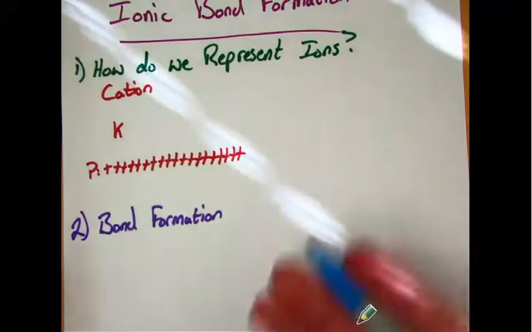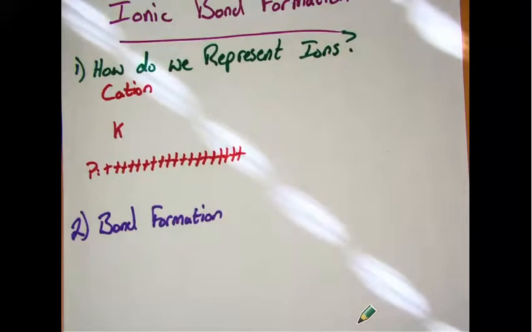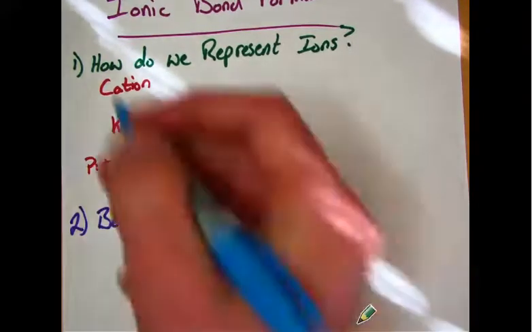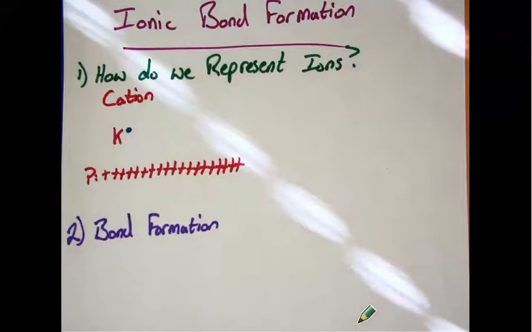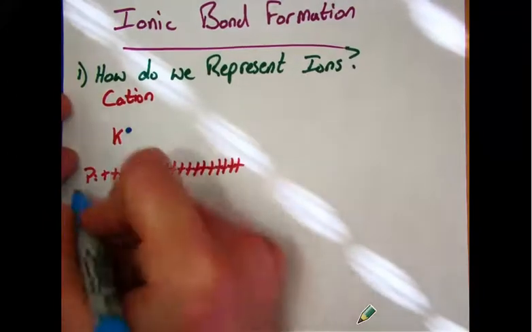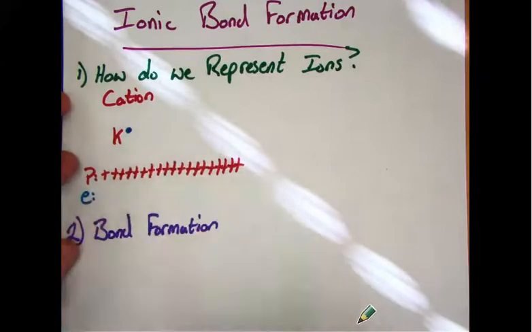Now, as this atom is, it has not gained or lost any electrons. So we need to represent its 1 valence electron, and we're going to do this with a Lewis dot structure, because Lewis dot structures are designed to represent just the valence electrons. As of right now, it has 19 electrons.